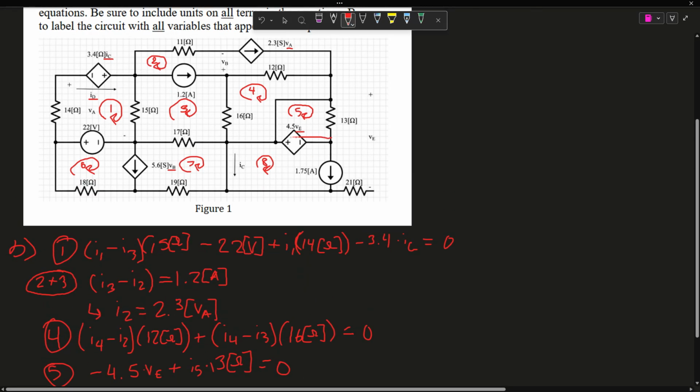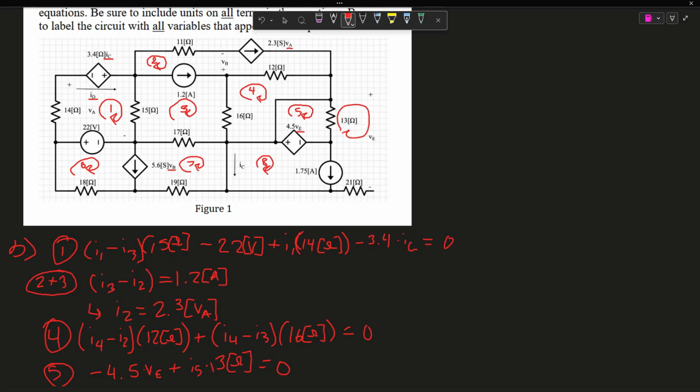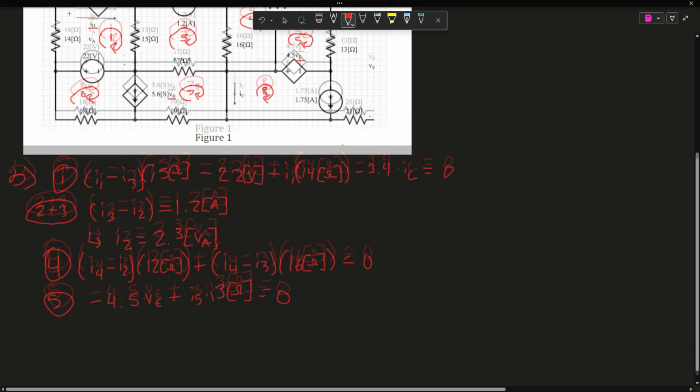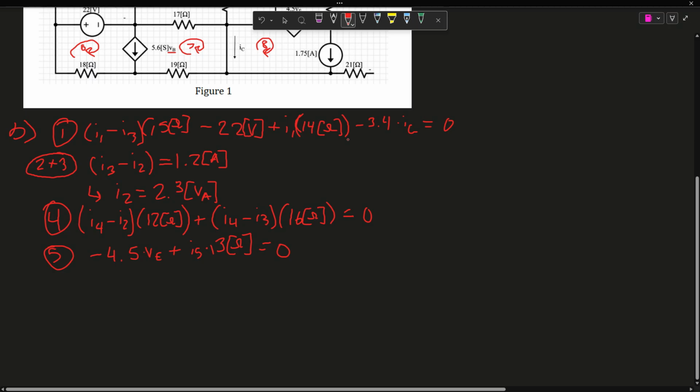So that is this voltage, and then we come back down around here, and since there's nothing on this side, there's no imaginary loop current going up this way, so it's simply equal to I5 times 13 is our current going through that branch.